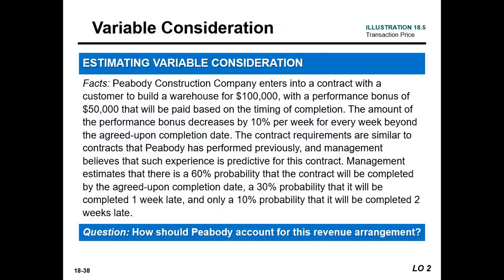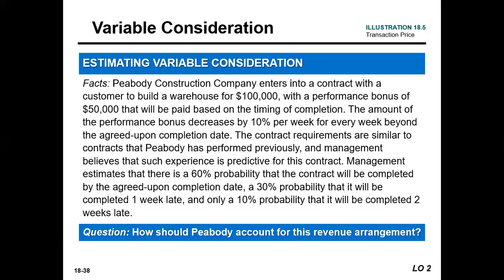So we have the fact here. Peabody Construction Company enters into a contract with a customer to build a warehouse for 100,000 with a performance bonus of 50,000 that will be paid based on the timing of completion. The amount of the performance bonus decreases by 10% per week for every week beyond the agreed completion date.